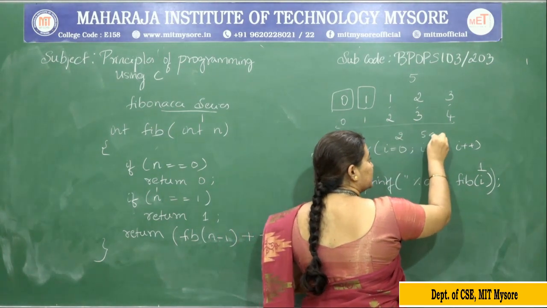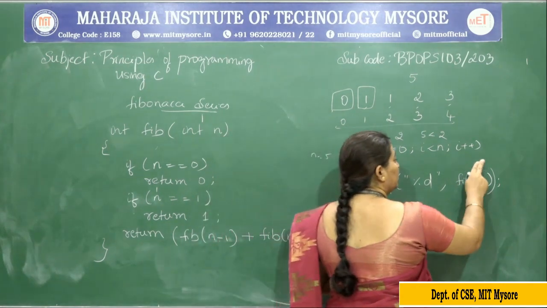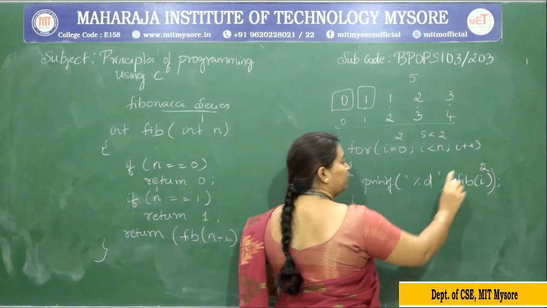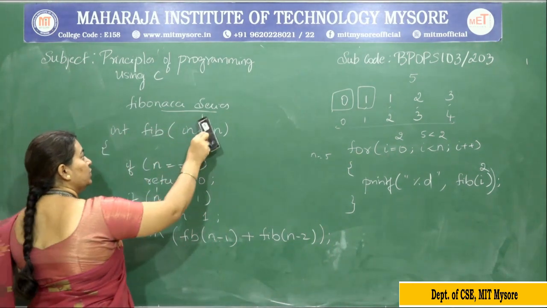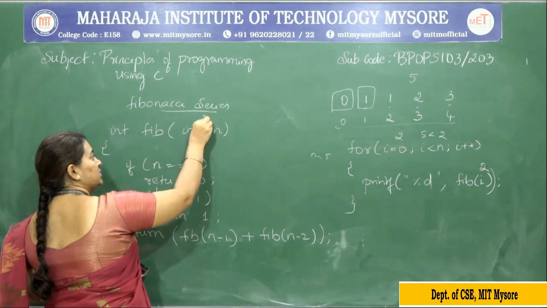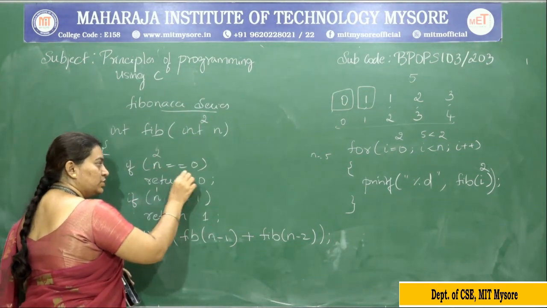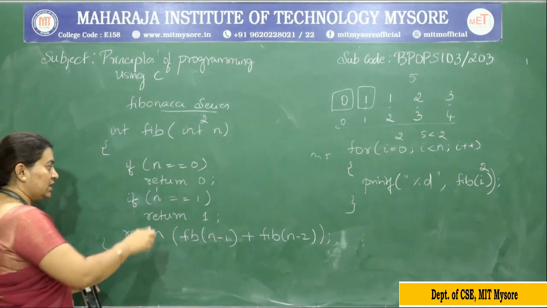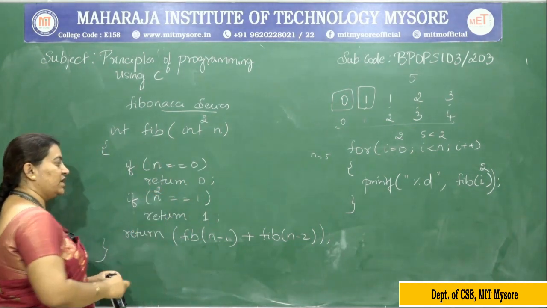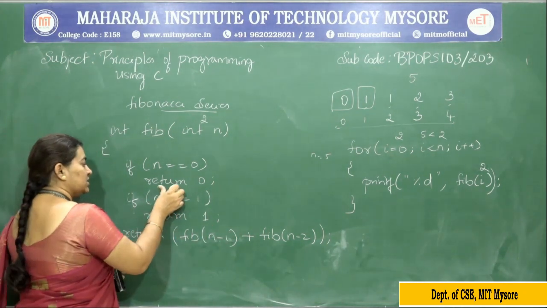Is 2 less than 5? Yes, right? So I am going to call the function fib of 2. When I am calling fib of 2, the parameter being sent is 2. Next, it compares whether 2 is equal to 0? No, so this condition doesn't hold. Again, the if condition, whether 2 is equal to 1? No, so this condition doesn't hold.